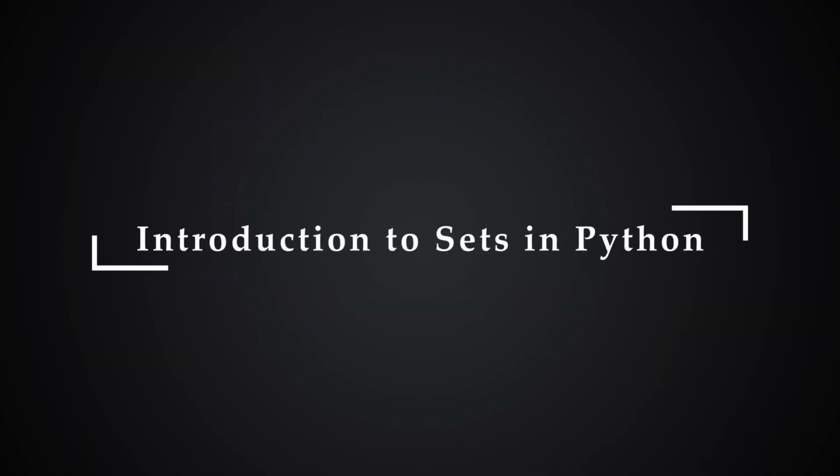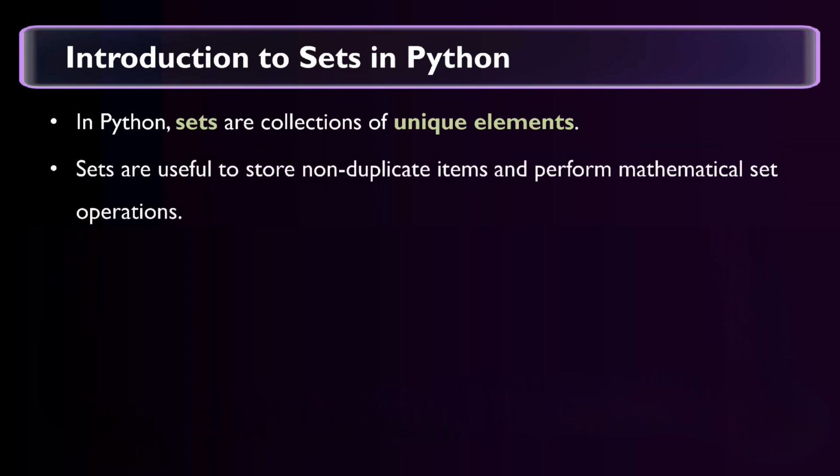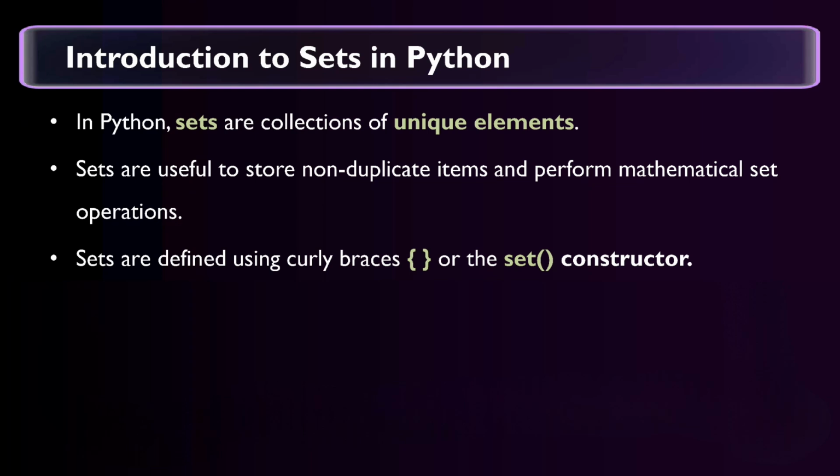Introduction to sets in Python. In Python, sets are unordered collections of unique elements. They are useful when we want to store non-duplicate items and perform mathematical set operations like union, intersection, difference, etc. Sets are defined using curly braces or the set constructor.